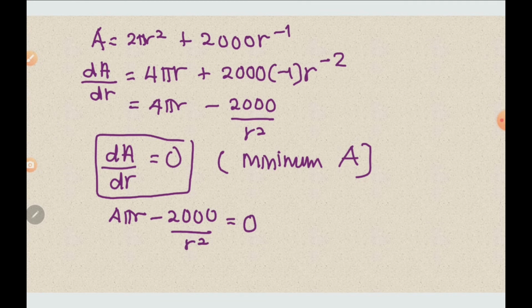Therefore you will get 4 pi r is equal to 2000 over r squared. Then we continue.